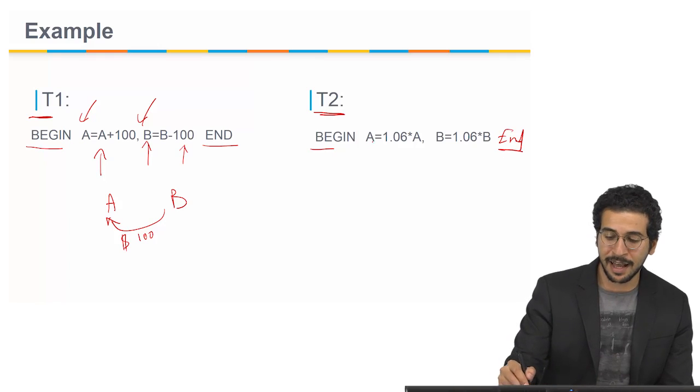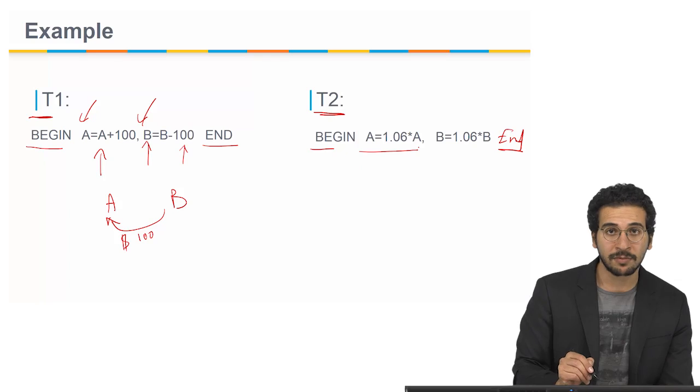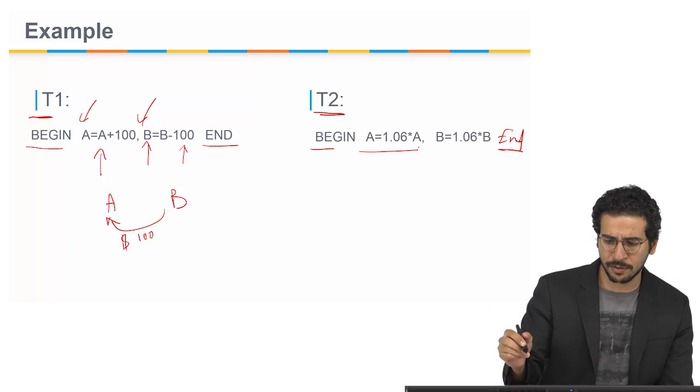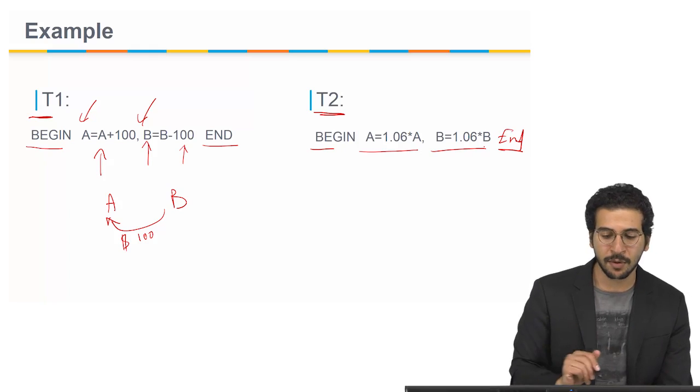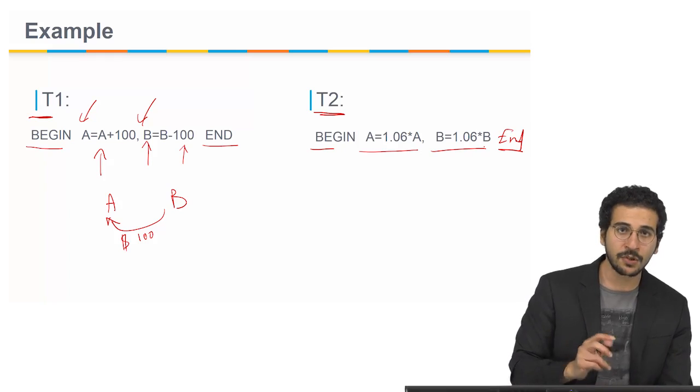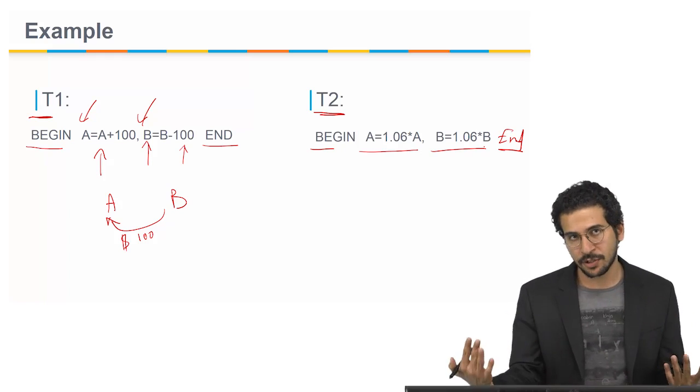It adds the interest to account A, updating it by something like 0.6%. And it does the same to account B. It adds interest, so it also updates both of them. So this is an example of two transactions.